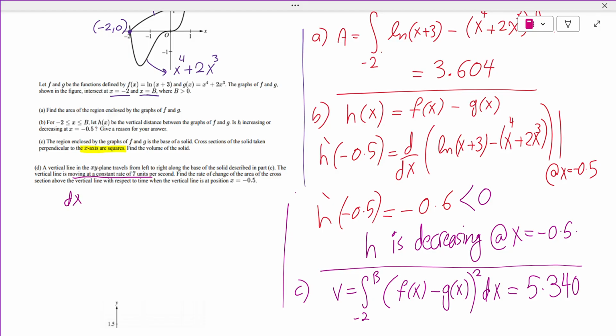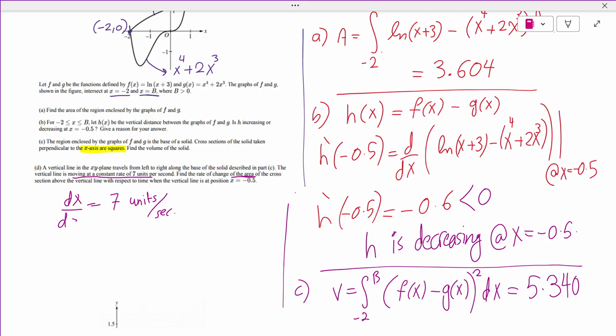dx, because the vertical line is x equals something, so dx over dt equals 7 units per second. Find the rate of change of the area of the cross sections above the vertical line with respect to time, when the vertical line is at position x equals negative 0.5.